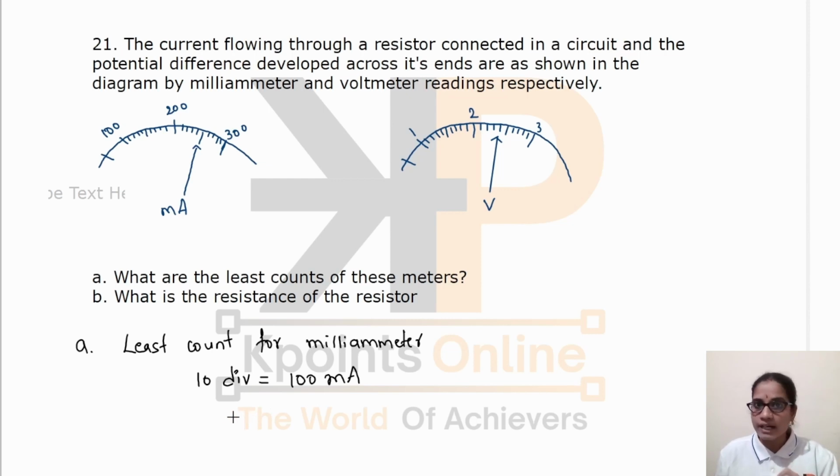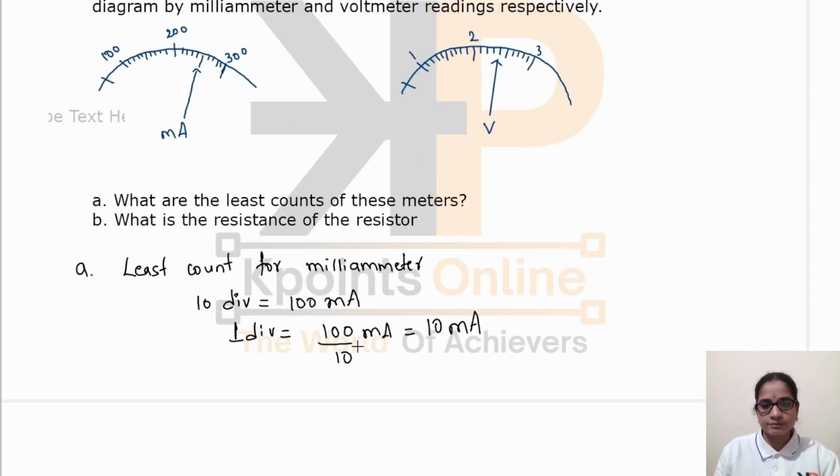What is the value of one division? One division is equal to 100 by 10 milliampere. It is equal to 10 milliampere. This is the least count for the milliammeter. Now, what is the least count for the voltmeter?